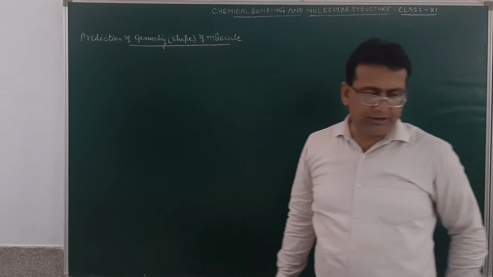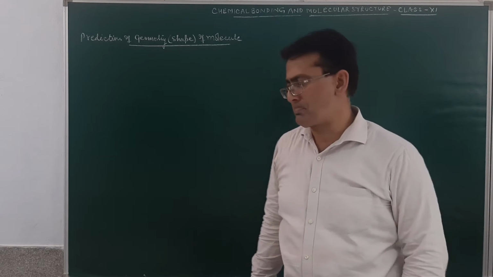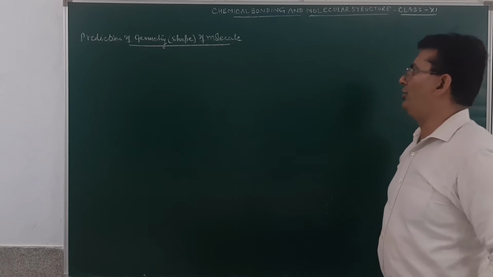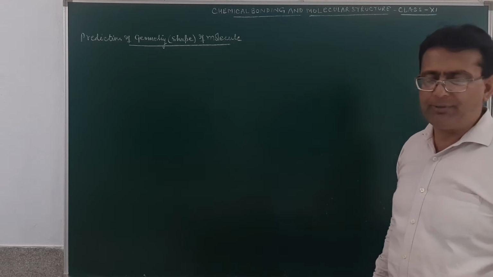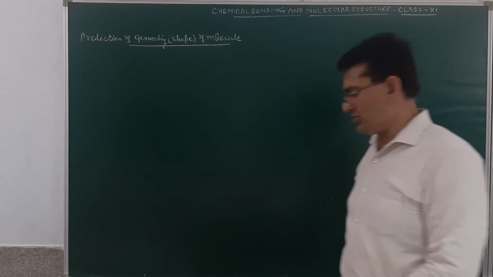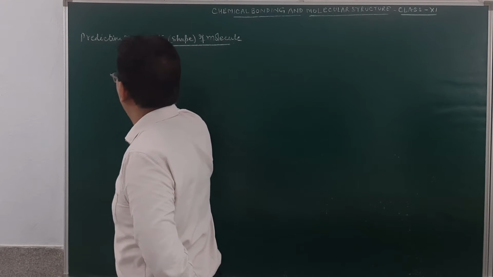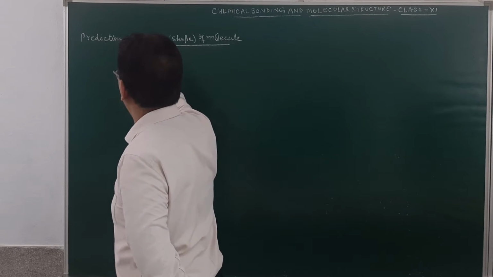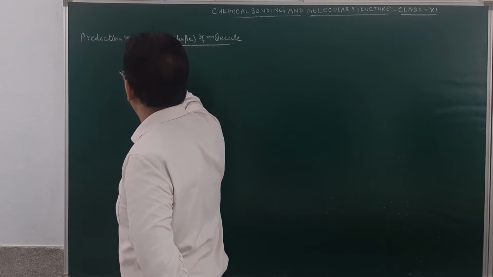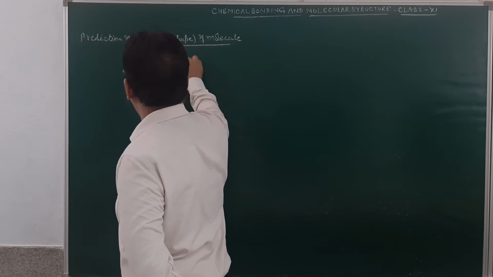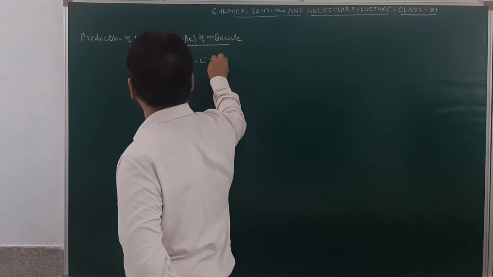Now, to predict the geometry or the shape of the molecule, we must know what type of hybridization is present in the molecule. And to find out the hybridization, we have a formula: H will be equal to half into V plus X minus C plus A.